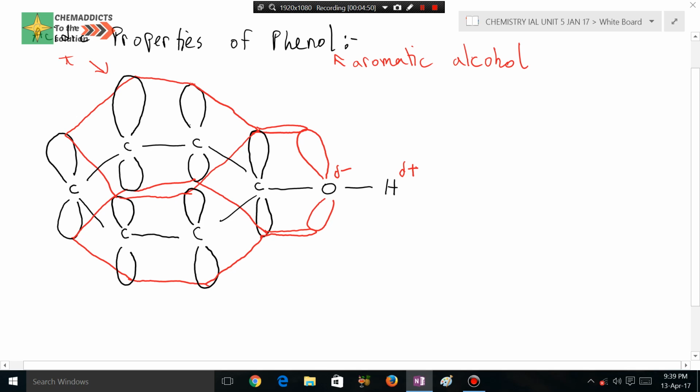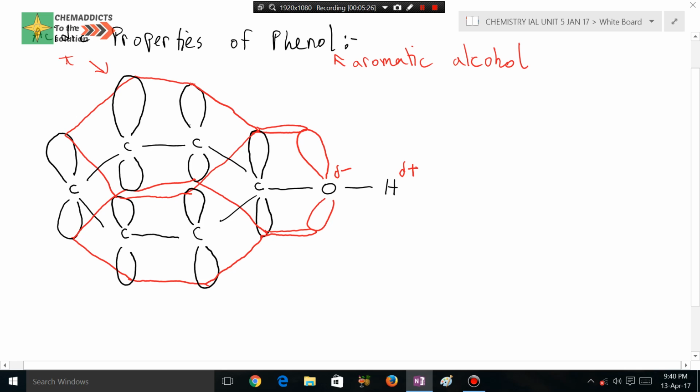This makes the hydrogen atom more electropositive, more delta plus, than it is in aliphatic alcohols. So the hydrogen atom on this phenol is more electropositive than in aliphatic alcohols. That's the reason.